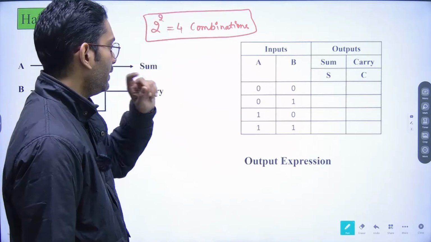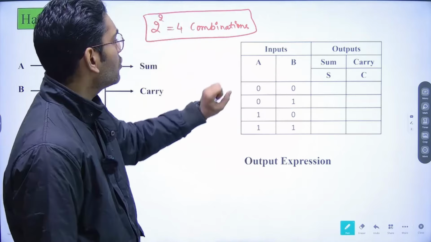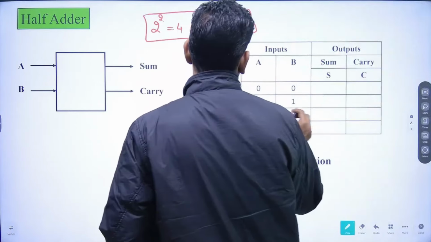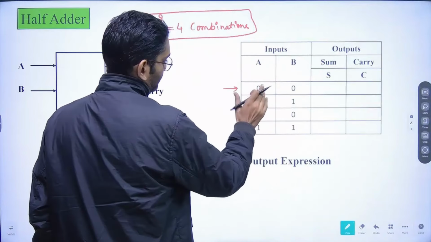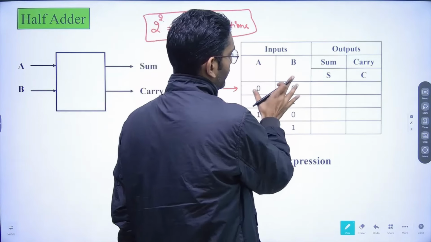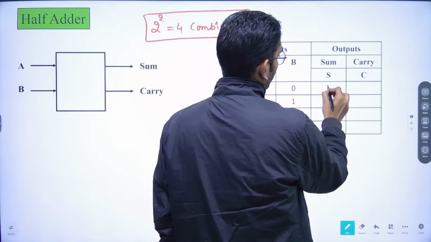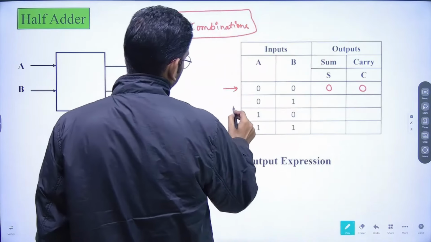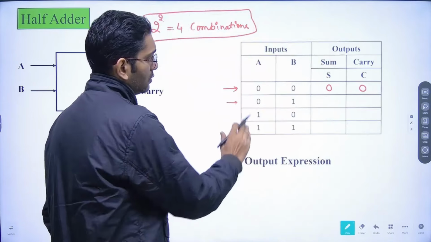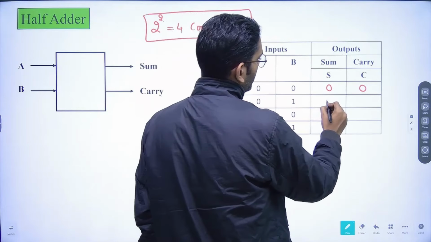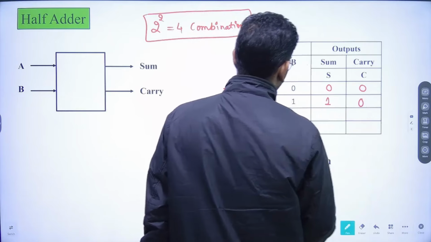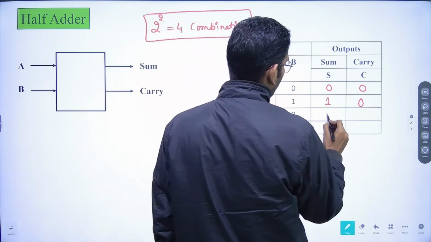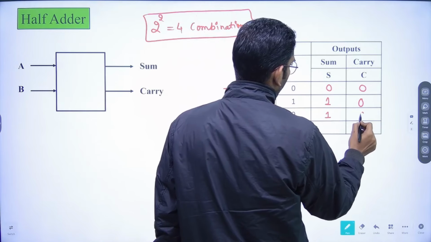Now when total 4 combinations are present here, when the input is 0 0, what would we be getting? We would be getting the sum as 0 and the carry also as 0. In the other case, 0 1, 0 plus 1 would give sum as 1 and the carry as 0. 1 plus 0 gives sum as 1 and carry as 0.